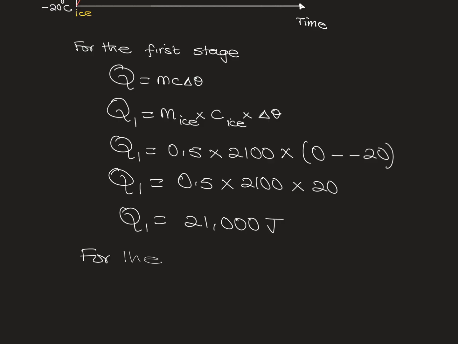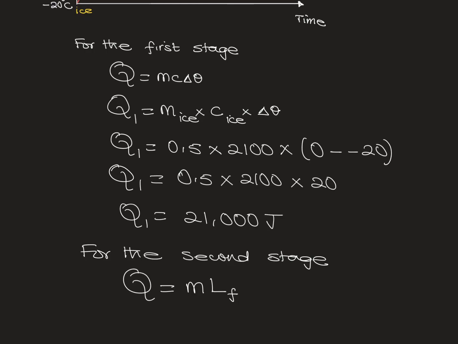For the second stage, we're going to use the formula Q is equal to M times the specific latent heat of fusion. Because there is no change in temperature, we cannot use a formula that involves delta theta. So we have to use the specific latent heat when you are dealing with a phase change.